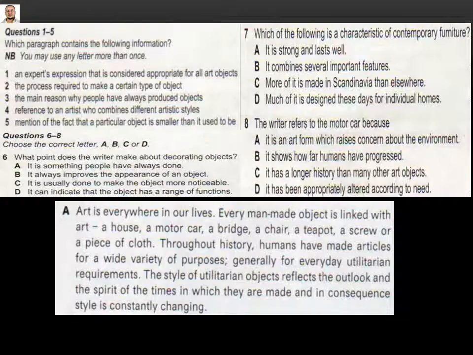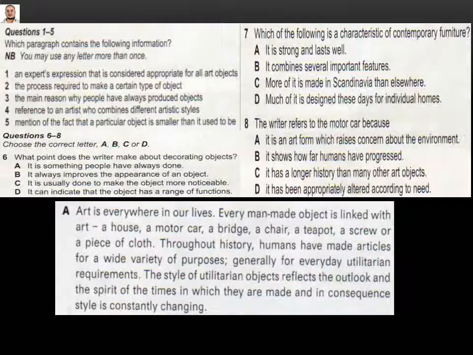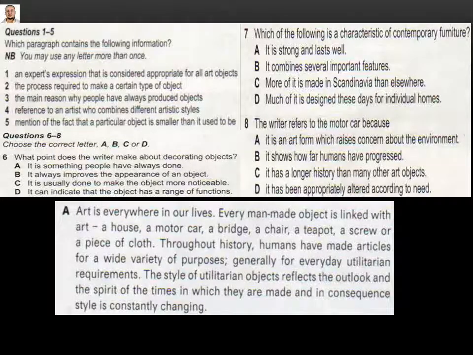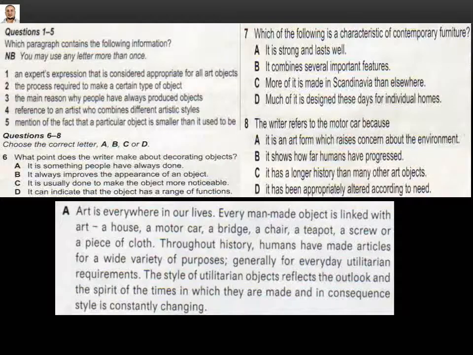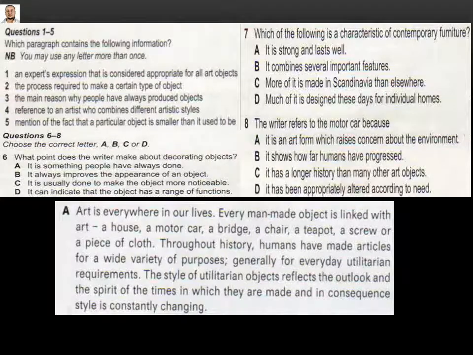Throughout history, humans have made articles for a wide variety of purposes, generally for everyday or utilitarian requirements. The style of utilitarian objects reflects the outlook and the spirit of the times in which they are made, and in consequence the style is constantly changing.